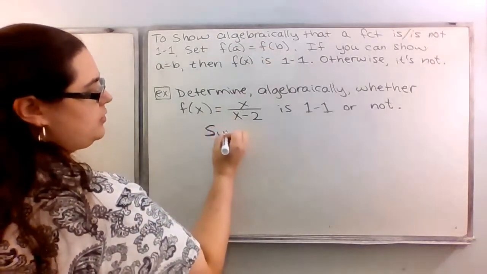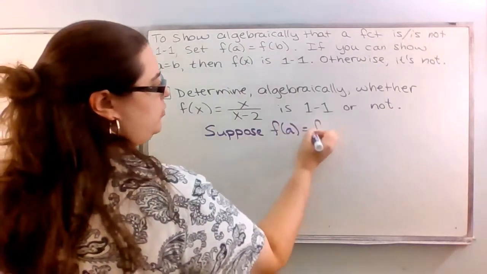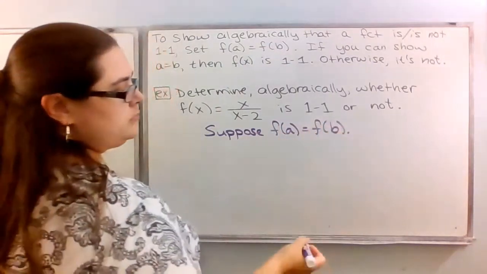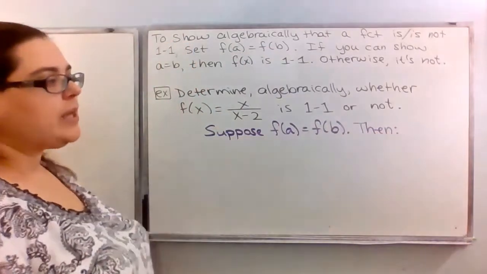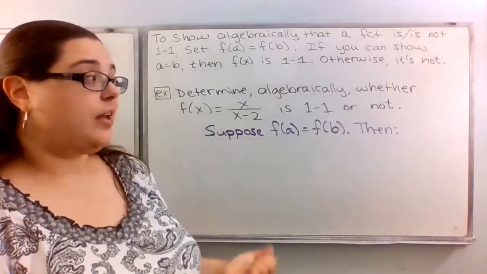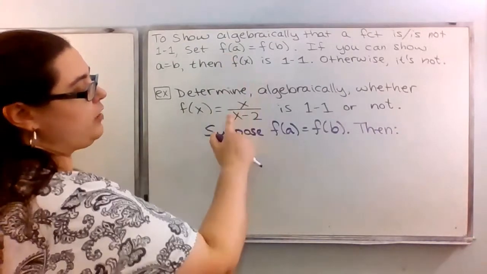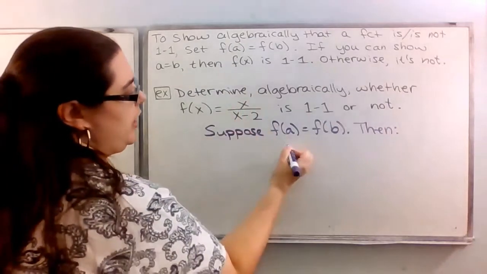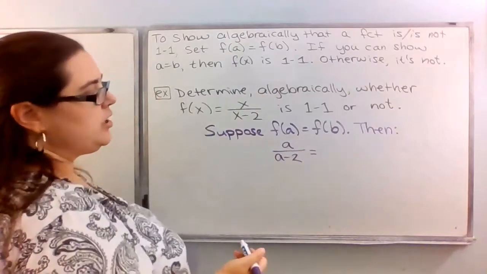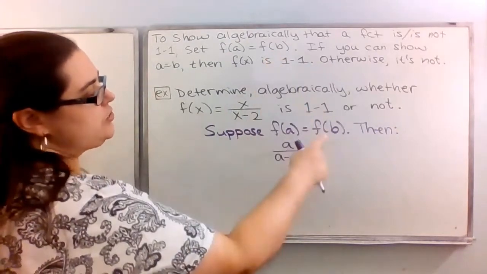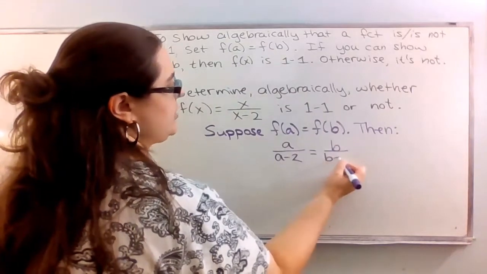So suppose f of a equals f of b, then, and now we're going to substitute in and try and solve. So I'm going to substitute a in wherever I see x's. So I'm going to get a over a minus 2. And here I have f of b. So I'm going to substitute b in for x to get b over b minus 2.